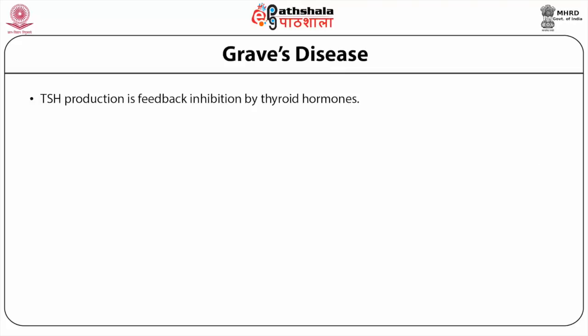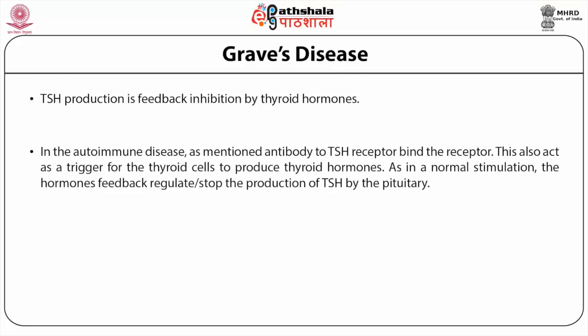TSH production is feedback inhibited by thyroid hormones. In an autoimmune disease like this, the antibody also acts as a trigger for the thyroid cells to produce thyroid hormones. As in normal stimulation, the hormones feedback regulate or stop the production of TSH by the pituitary.